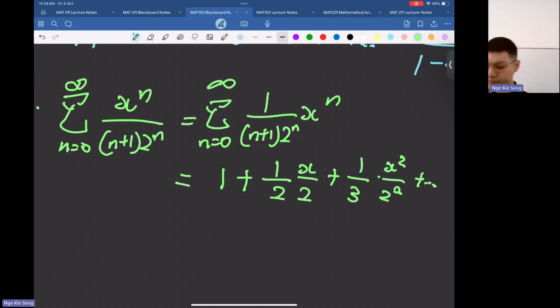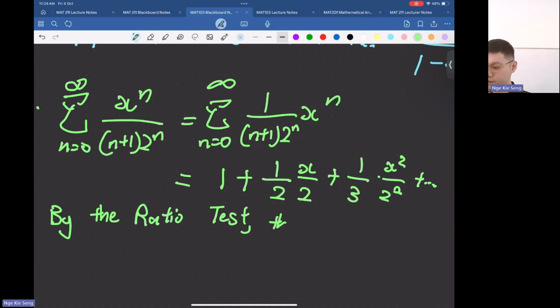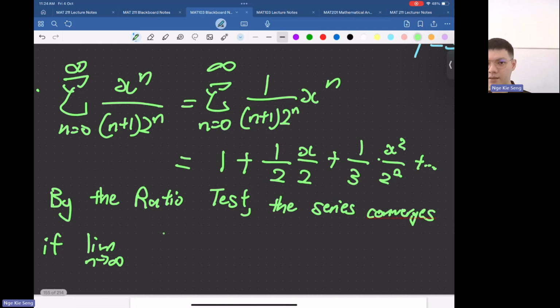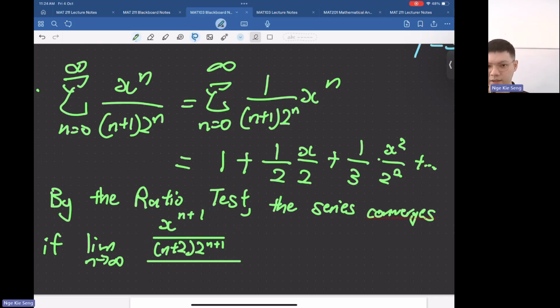So by the ratio test, what do we expect here? When does this series converge? The series converges if the limit of the (n plus 1) term divided by the nth term is less than what? Yes. Okay, so let's check it.